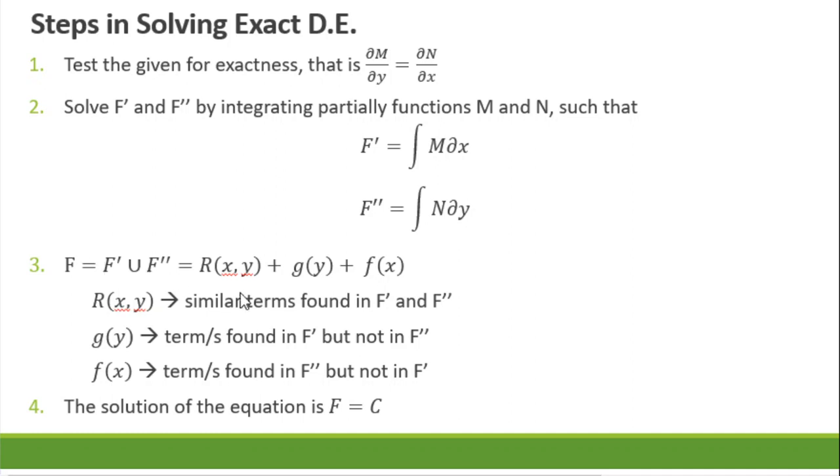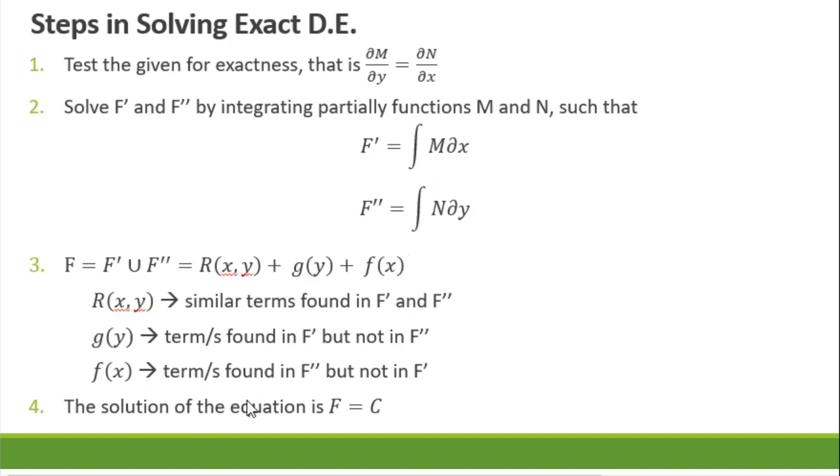And then you include the other terms also. So R here is a function of x and y, the same terms found in f' and f''. Well, your g of y is a term or terms found in your f' but not in f''. And f of x is a term found in your f'' but not in f'.